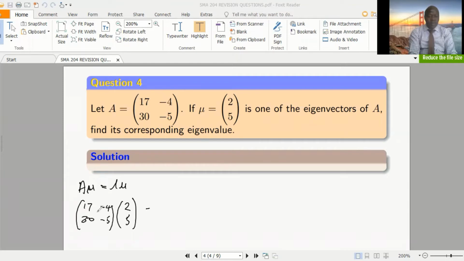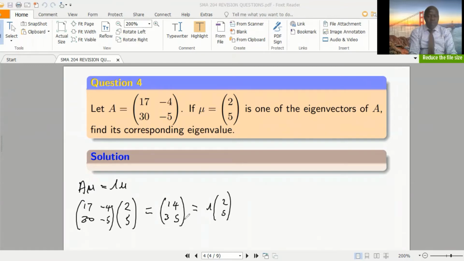But let me just multiply this and see. This will be 34 minus 20, which will be 14. And this will be 60 minus 25, which will be 35. And so this should be the same as lambda multiplied by the eigenvector 2, 5.